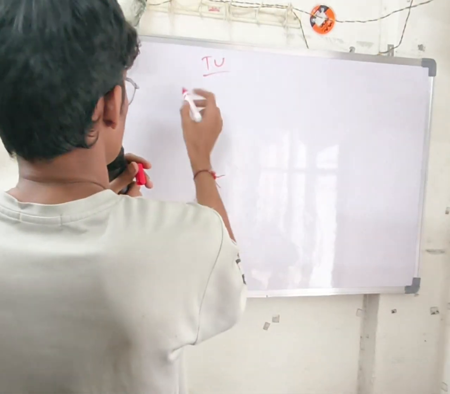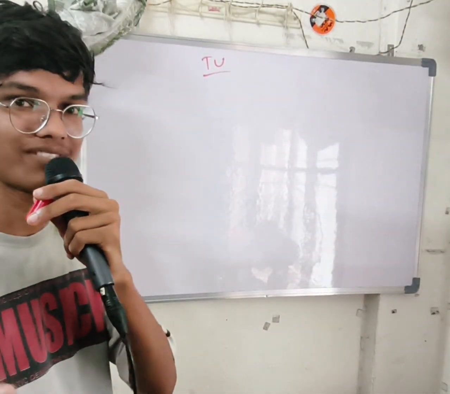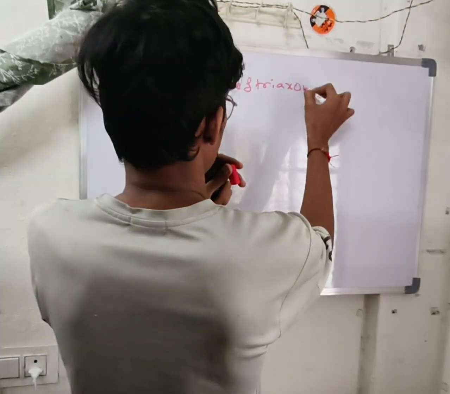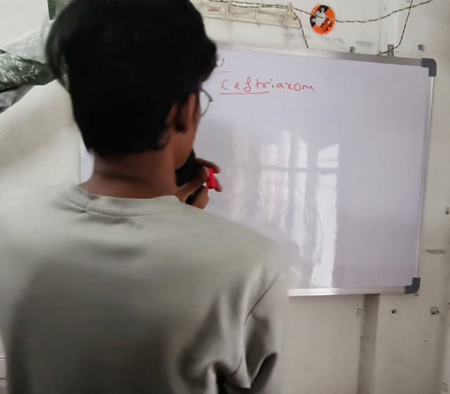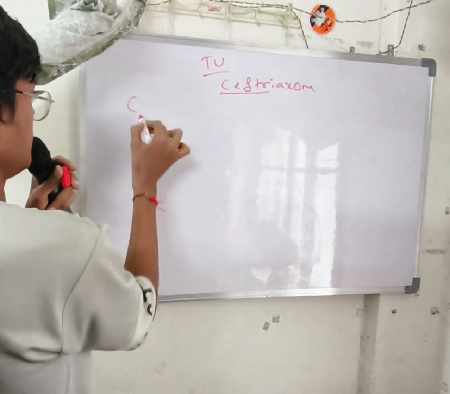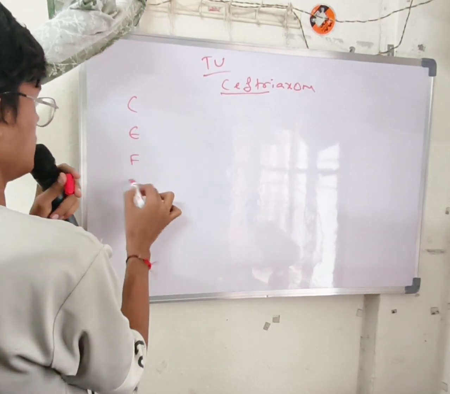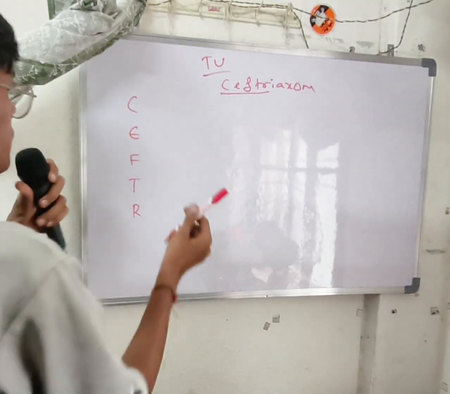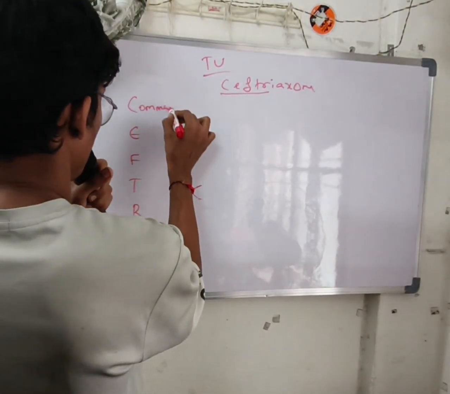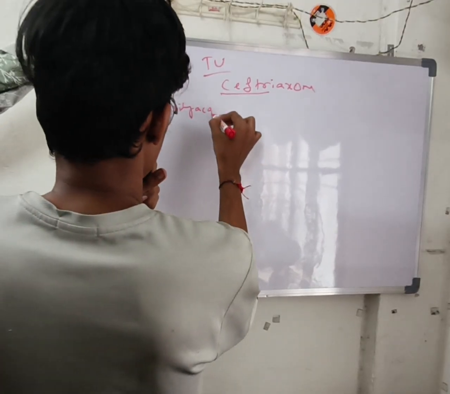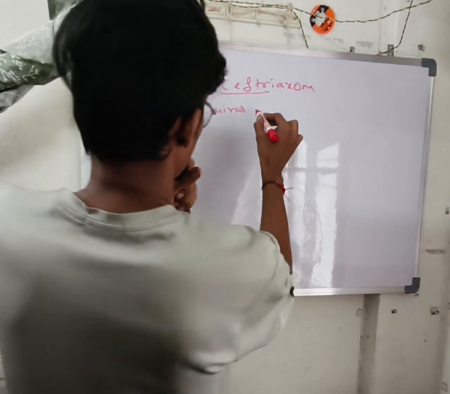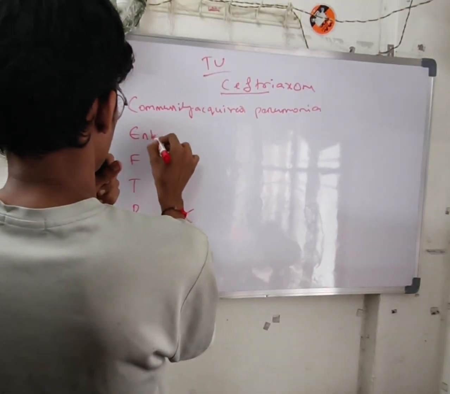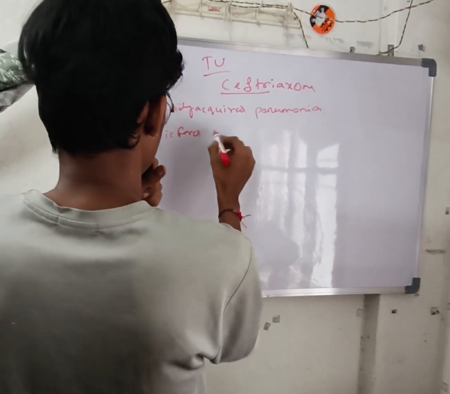And coming to the therapeutic uses, we are discussing ceftriaxone, right? Take the letters till CEFTR. First one is community acquired pneumonia, then enteric fever, that is typhoid fever.